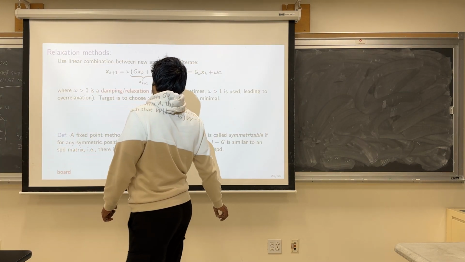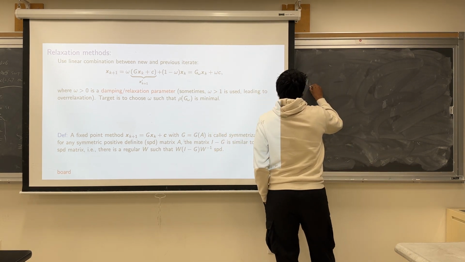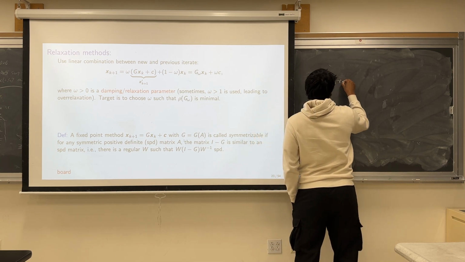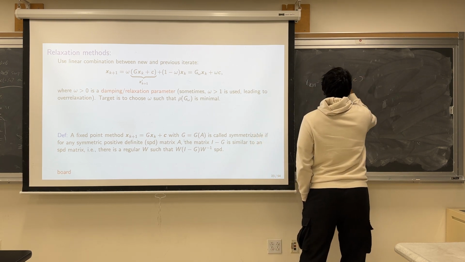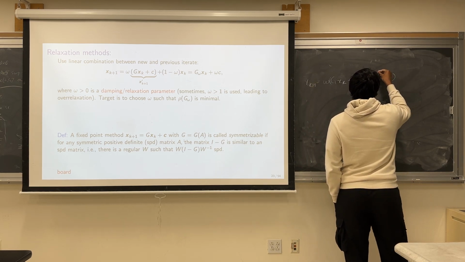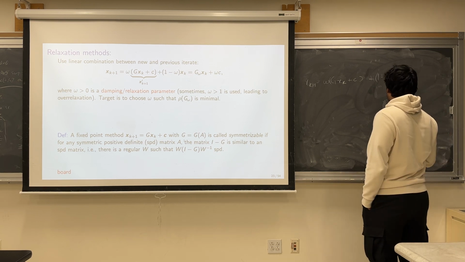Let me see what's being done here. I choose x k plus 1 equals omega times G x k plus c, plus 1 minus omega times x k, right?